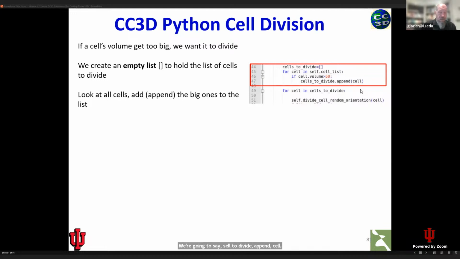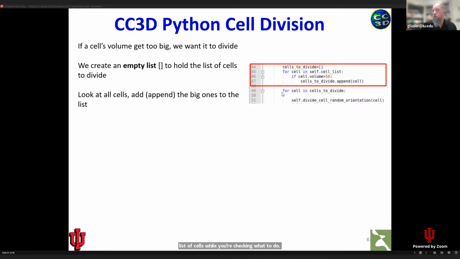So that's going to add the cell to the list of cells to divide. There's a Pythonic reason for this. In Python, when you're iterating over a list, you cannot change the identity of the list. If you have a cell divide or disappear, the list of cells changes. And so it's important that you don't actually change the list of cells while you're checking what to do.